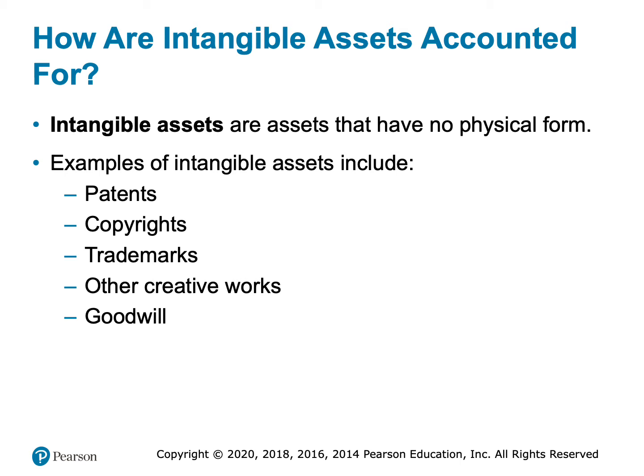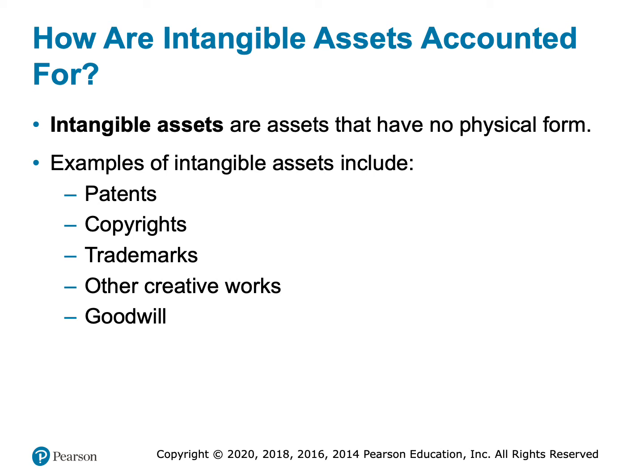Copyright, again, would be on works of art. You have the exclusive right to that song or that poem or that book, whatever. Trademarks, and any other creative works, licenses, franchise fees, Goodwill. We'll talk about that one some more in a minute.